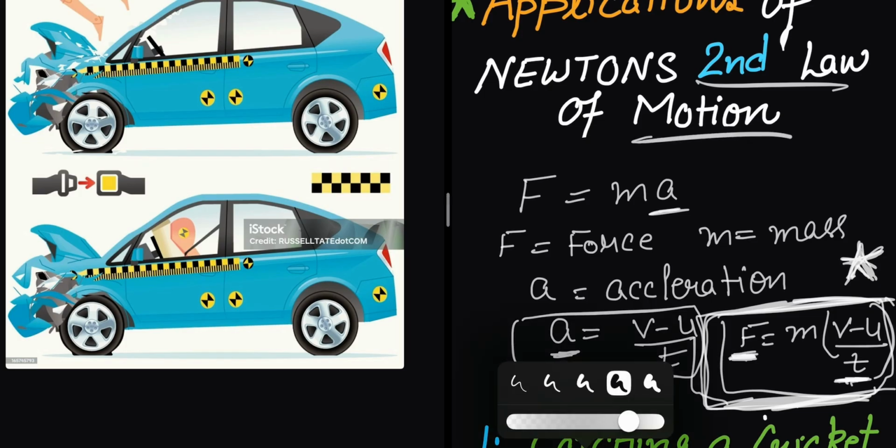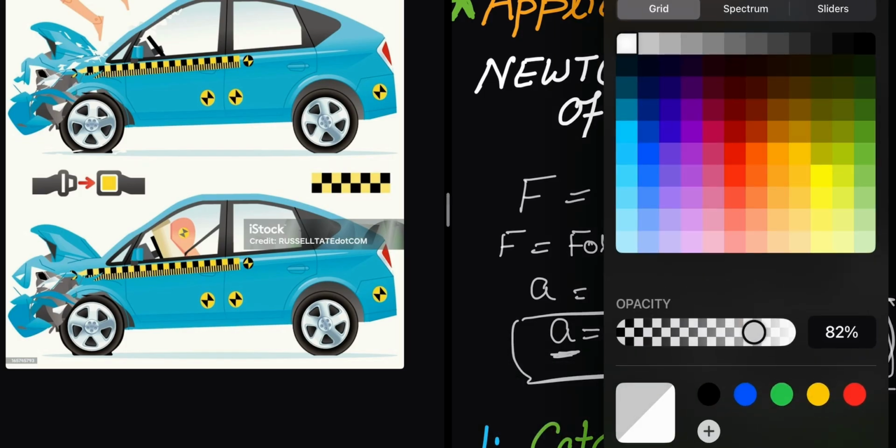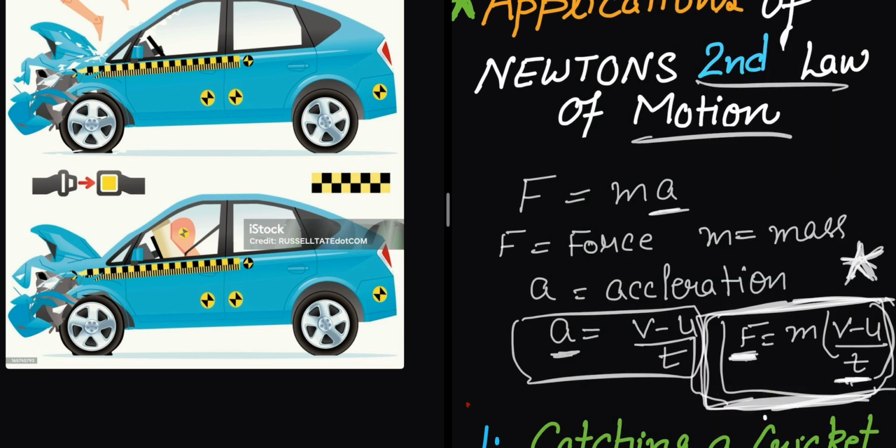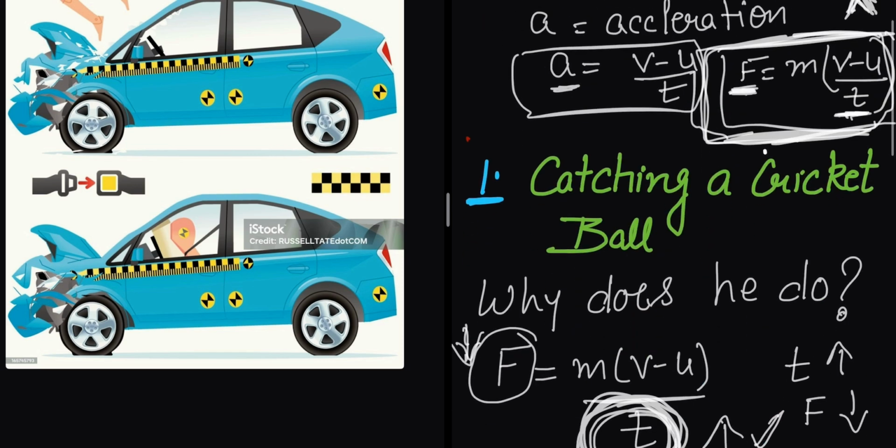Let's recall once again all these applications. Students, the first application was what? Catching a cricket ball. So many questions they ask you from this topic, applications of Newton's second law of motion, in exams. So what is the first application? Catching a cricket ball. While catching a cricket ball, the player pulls his hand backward.